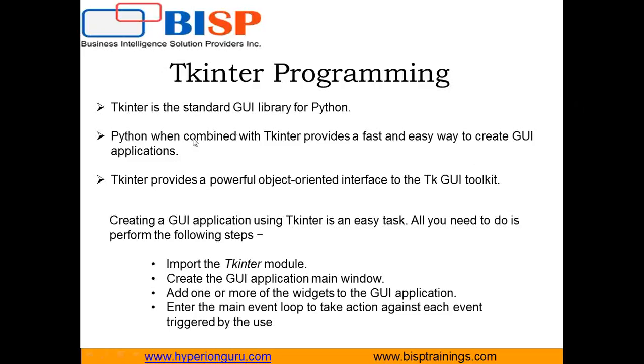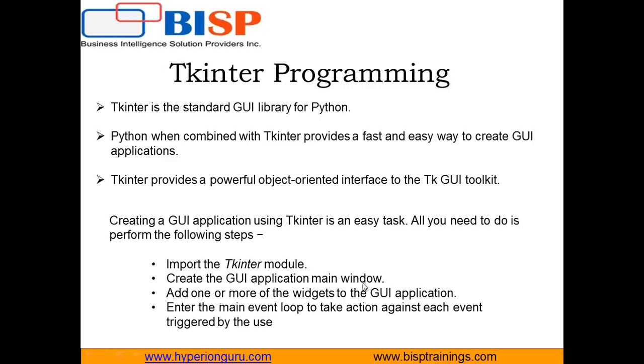By using this library, Python when combined with Tkinter provides a fast and easy way to create GUI applications, and it provides a powerful object-oriented interface to the Tk GUI toolkit. Creating a GUI application using Tkinter is an easy task. First of all, we need to import the Tkinter module in our program.